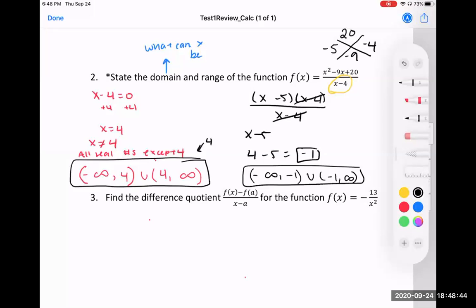And then I thought, well, what is a range? A range is the corresponding outcome of your domain. If I simplify it and see what that outcome is at 4, then that should produce a problem in our range too. That is why we simplified and plugged in that 4 to give us the corresponding range to that domain.